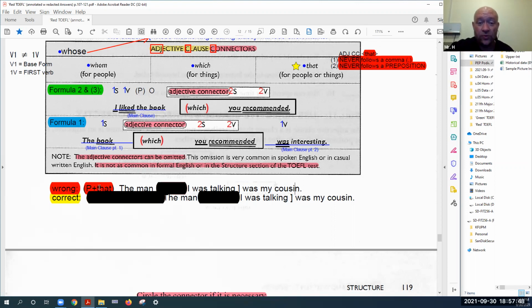This is wrong, gentlemen. So read again. The man to that I was talking was my cousin. This is incorrect, gentlemen. I cannot use that in this situation. I need a different connector. Al-Abbas, what do you think?